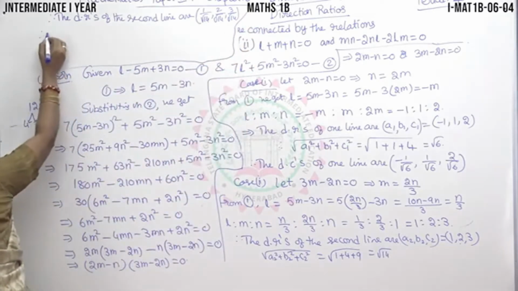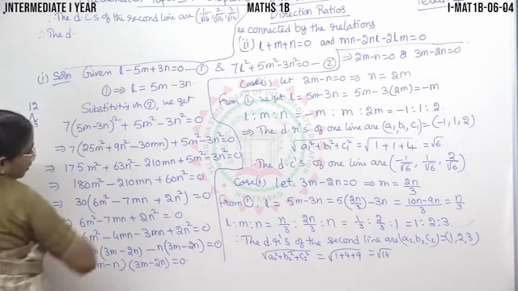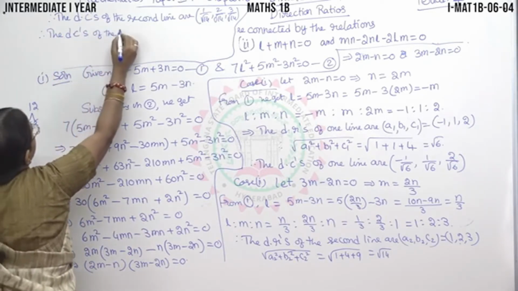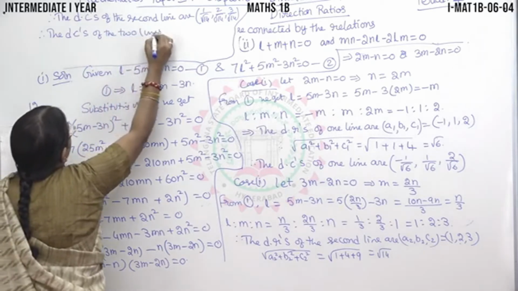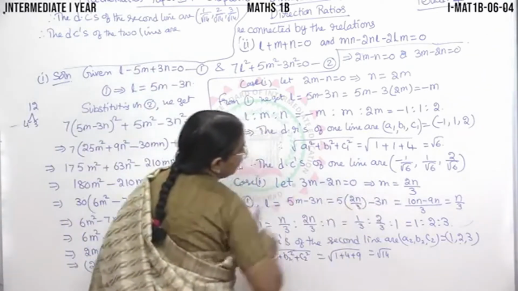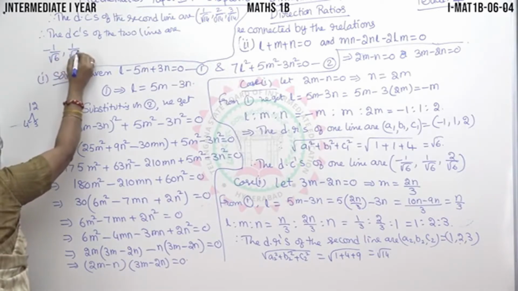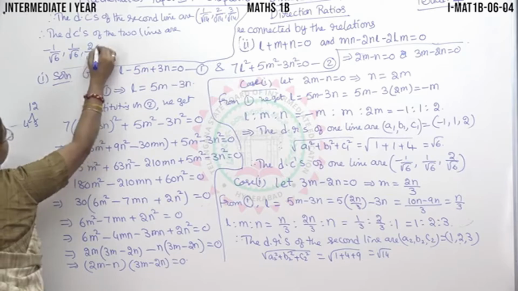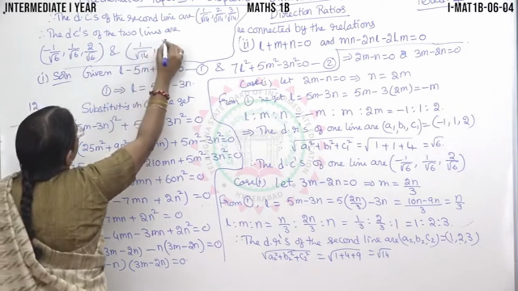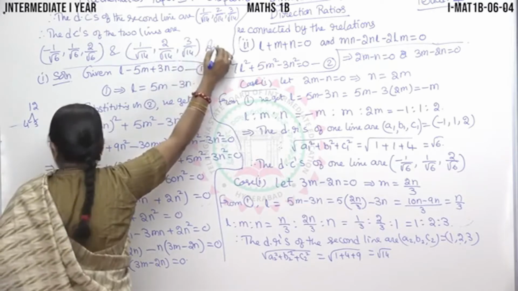Therefore the direction cosines of the two lines are. What are the direction cosines of the first line? Minus 1 by root 6, 1 by root 6, 2 by root 6. And this, 1 by root 14, 2 by root 14, 3 by root 14. So this is your answer.